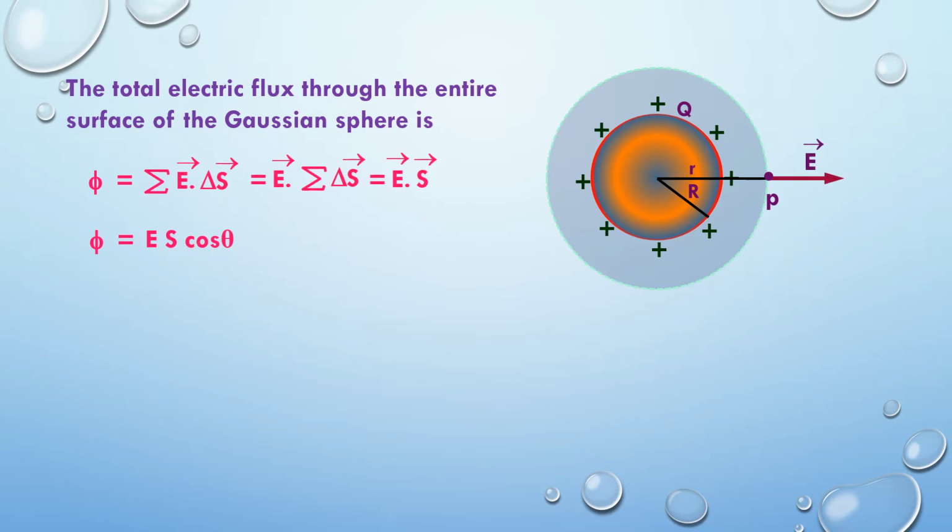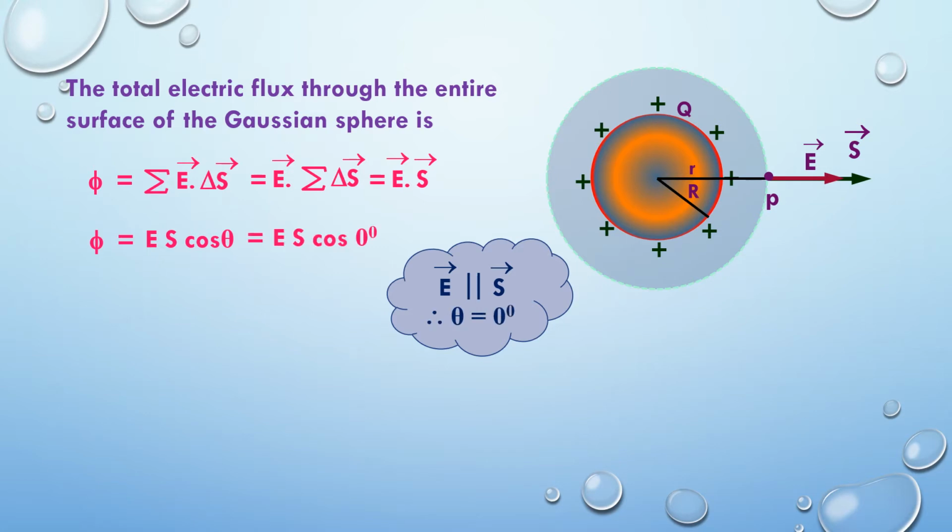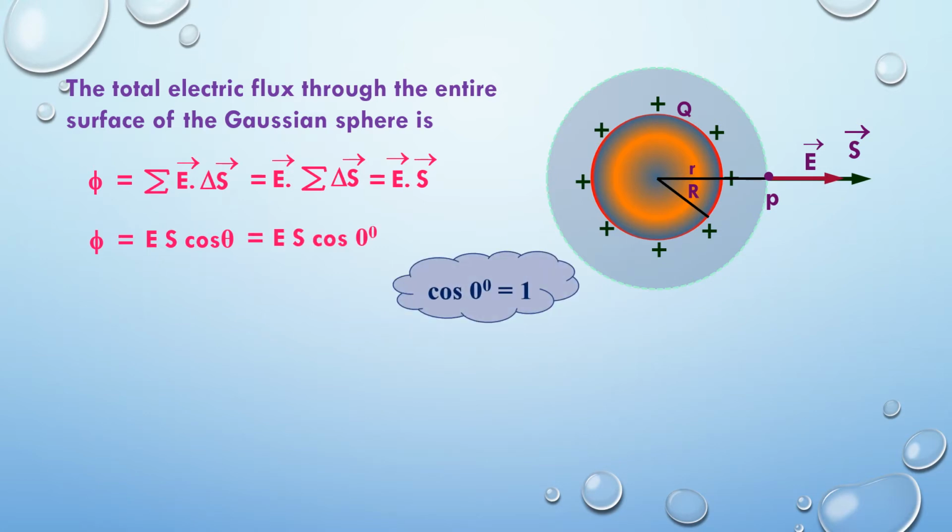We find that the electric field is pointing outwards and the surface area vector at that point P is also pointing in the same direction. Hence the electric field and the area vector are parallel to each other. Hence theta is equal to 0 degrees, or we get ES cos 0.